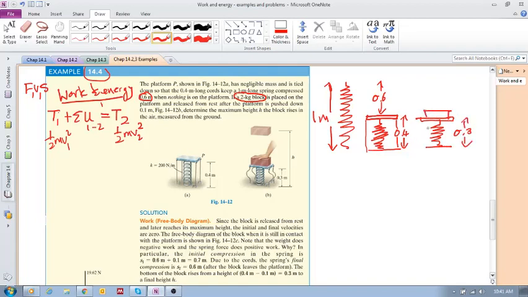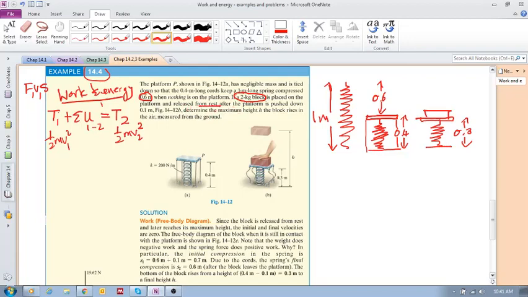So originally 1 meter, compressed so the height is 0.4, compressed even further, so the height is 0.3, and then it is released from rest. This whole system is released from rest.